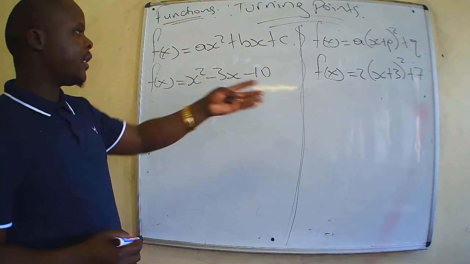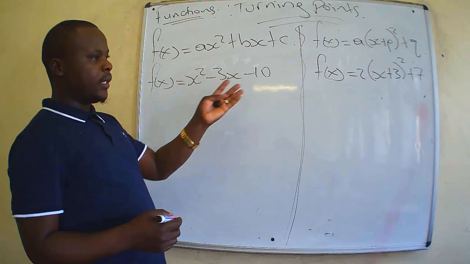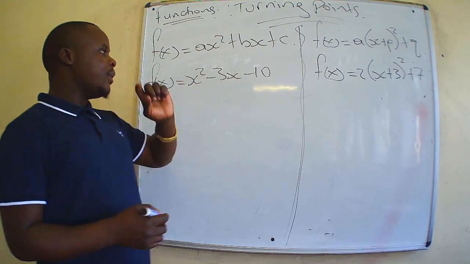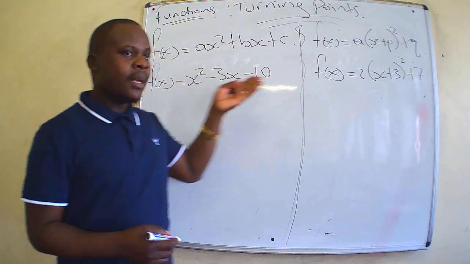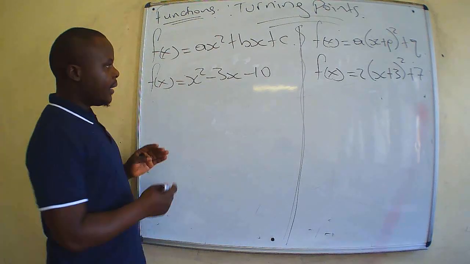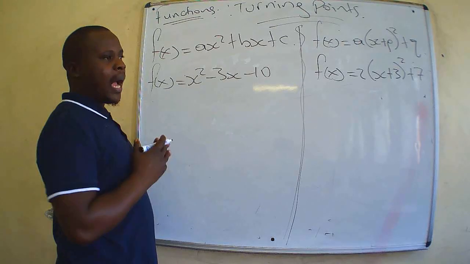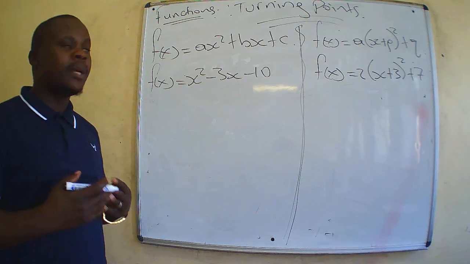So we have 2 formats. These are different examples, so take note of that, they are not the same. When you have this kind of format, how do you find your turning points here?